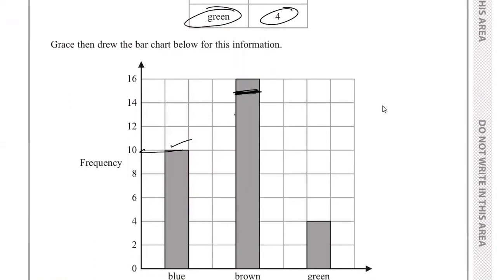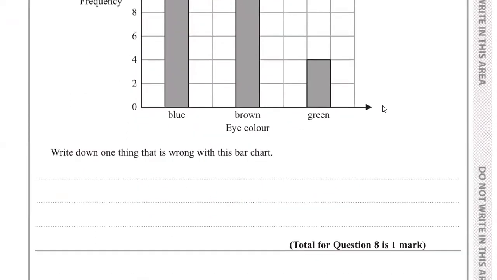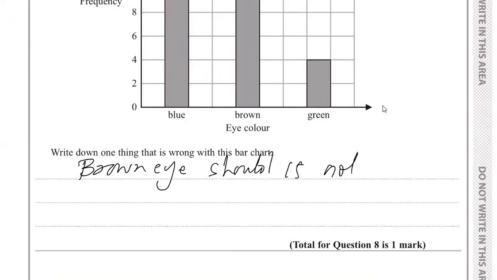So this is incorrect. So we can identify right here, brown eye, we can just put it in a sentence. Brown eye should be 15 rather than 16.